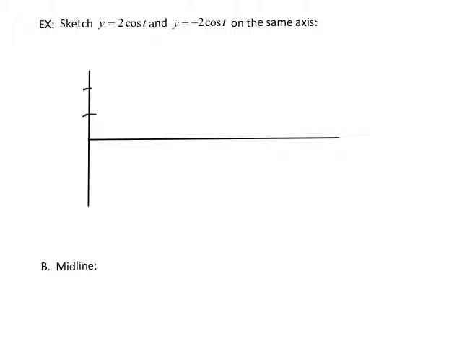In this example, we're going to start with an x and y axis, starting at the origin, and I'm going to put a tick mark at every pi over 2 measurement. So we have pi over 2 and pi and 3 pi over 2, and I'm off just a little bit in the scale, so you'll have to excuse that, and 2 pi. So that's my t-axis. This is my y-axis.